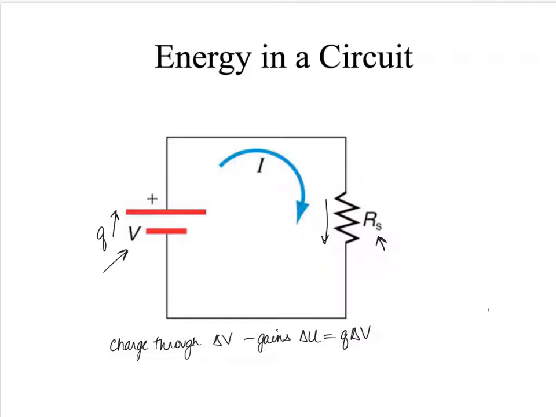It's only these external elements like the resistor. And so it will lose energy, Q delta V, through the resistor. And then the charge can continue back to the battery. And it doesn't need to have any energy to continue through that wire because, again, we've supposed that the wire is an ideal wire and it's not going to need any energy to travel through that.